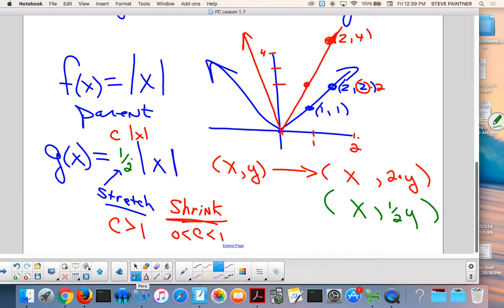Half of y. So what's half of 1? 1 half. What's half of 2? 1. So this point comes down to here. So this would shoot out this way, correct? This is 1 half absolute value of x. This is 2 absolute value of x, right? This making sense?